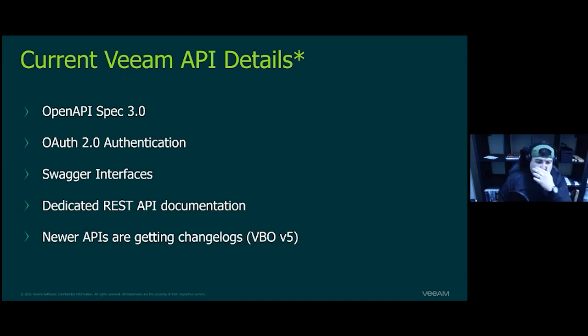So it's very good to see, and especially for folks like service providers that are using this, or people that are using this for automation at scale, seeing that we're actually calling out changes to existing API calls, and more specifically breaking changes across versions of the API. That's big, right? That's a huge ask that we have from lots of our customers for the API documentation, and it's finally getting in there.